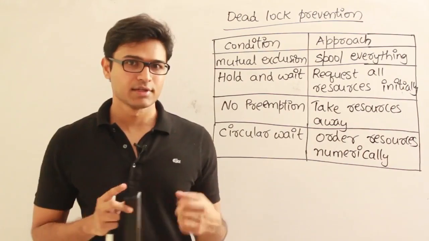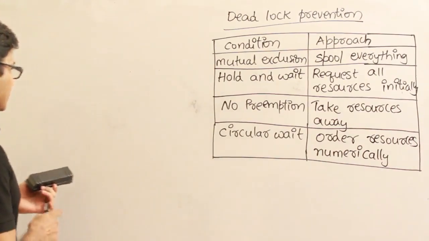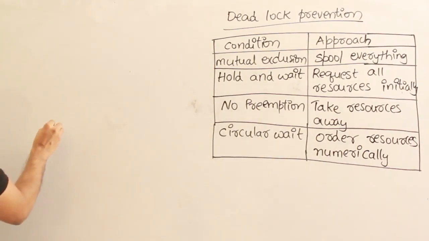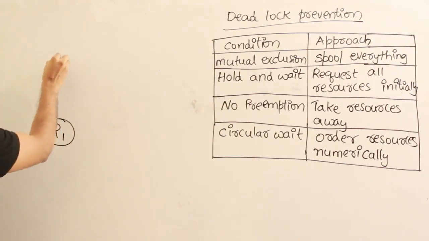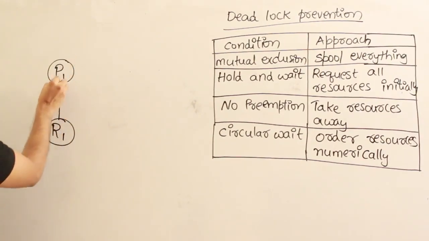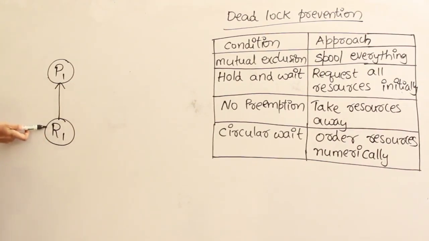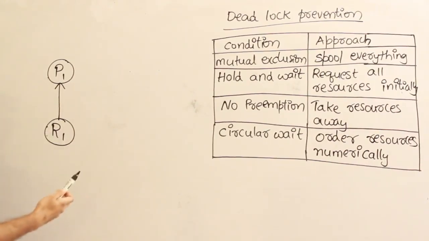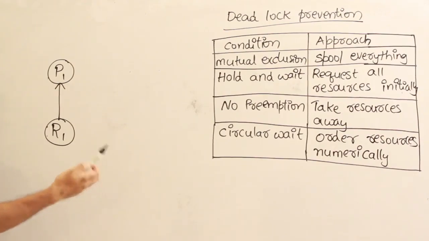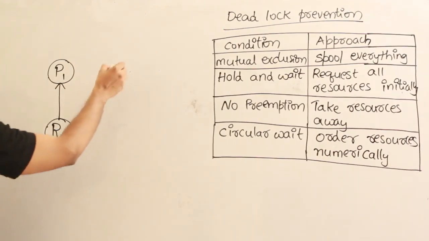Are you getting this? See, how will the deadlock happen? There will be some resource, and there will be some process. Now this resource will be taken by this process, which means while this process is using this resource, it will not lend itself to be used by some other process, and that is how the deadlock will be caused.